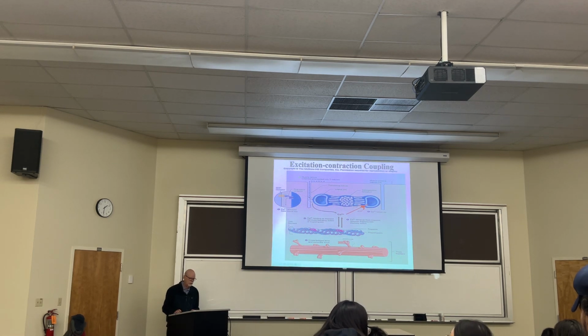Eventually, as the action potentials stop, the gates for calcium close, and in the background, you keep pumping calcium back out of the sarcoplasm into the lateral sacs of the sarcoplasmic reticulum.